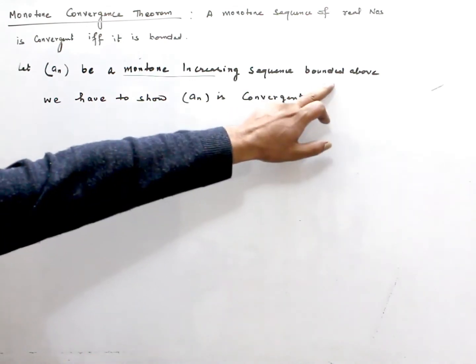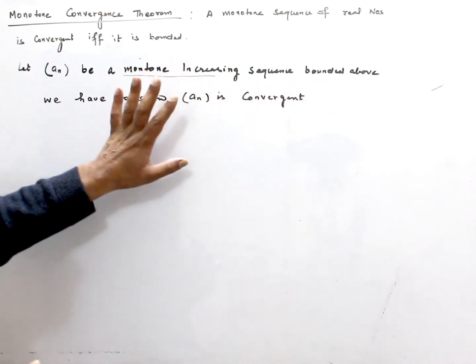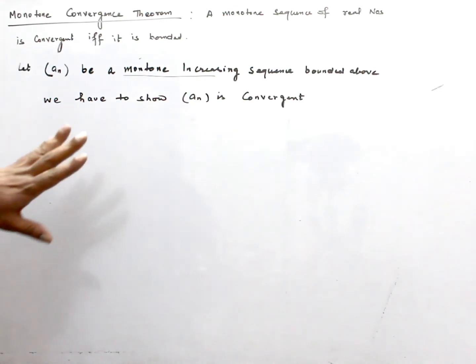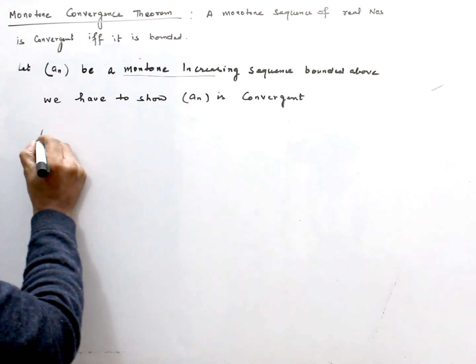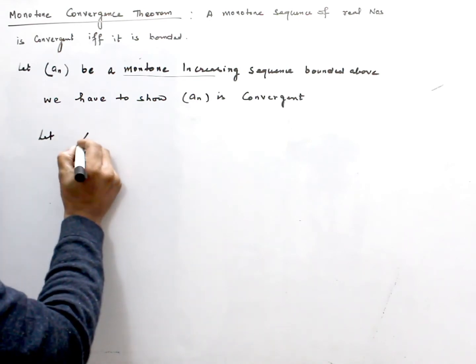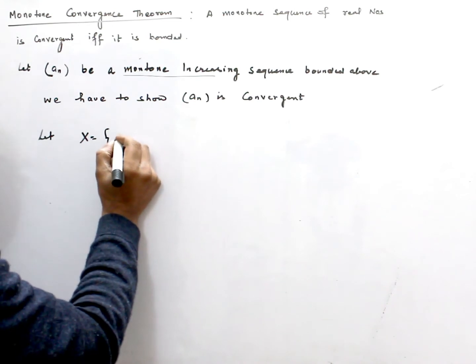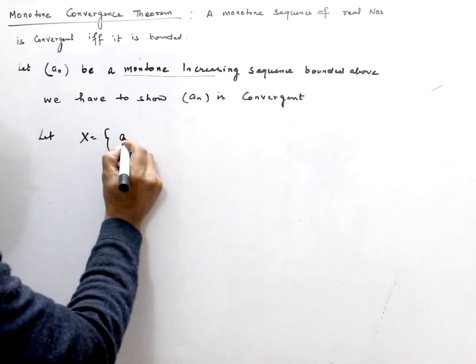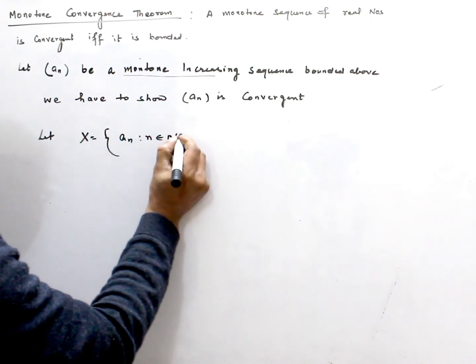And if I remove the boundedness, then the sequence may not be convergent. So let X be the set of terms of the sequence An, n belonging to N.